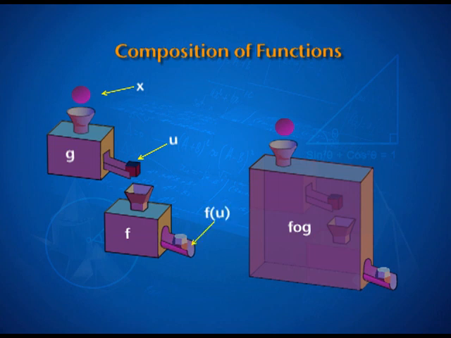Together, as a composition, x is the input and the output is represented as f of g of x.